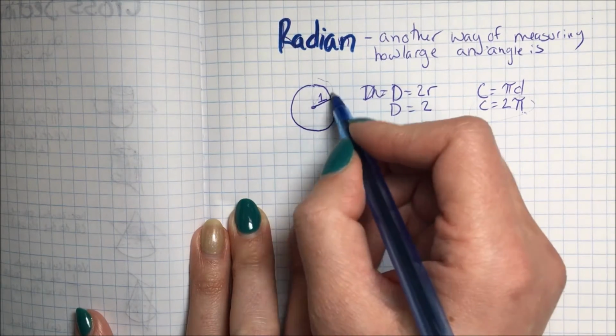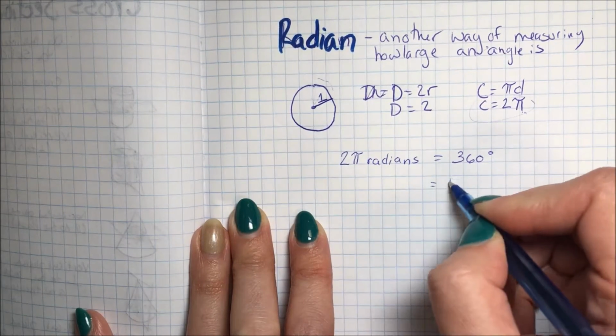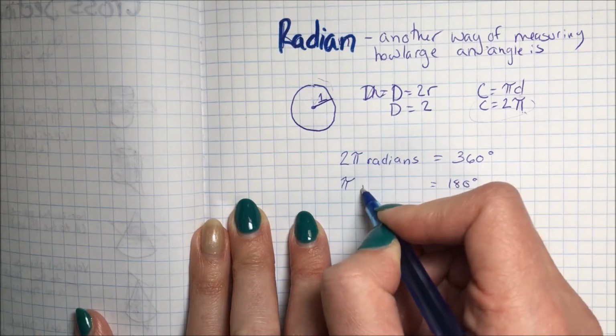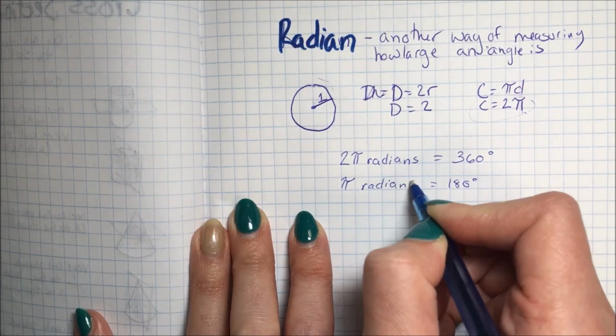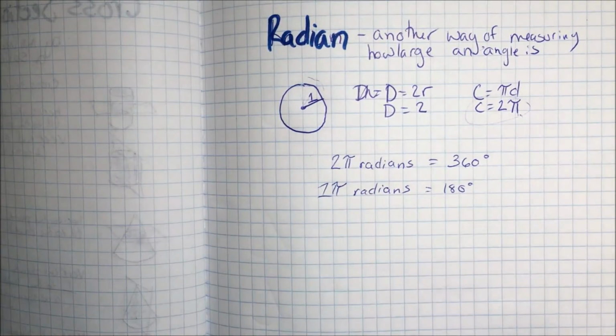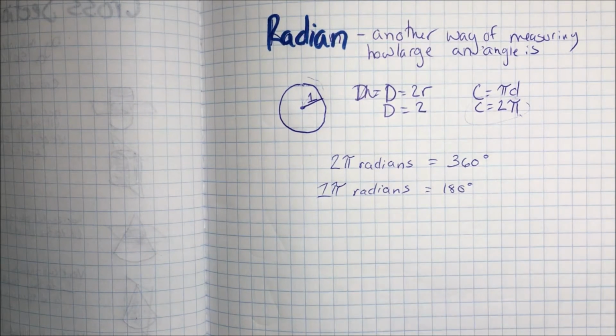And they said, well, if I go halfway around the circle, that's 180 degrees, and that would be just pi radians, or 1 pi radians. Okay, so what they're doing is they're converting degrees to radians for anything.